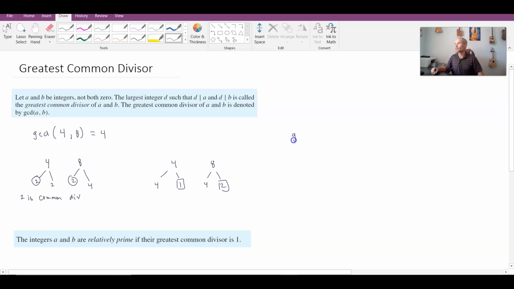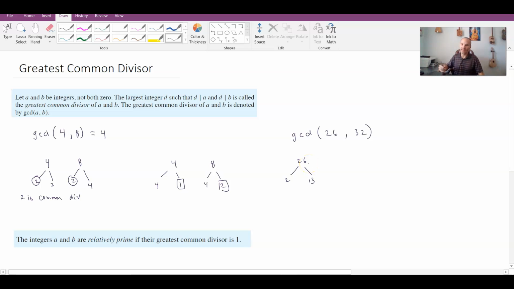Now we can also look at larger numbers, the GCD between, say, 26 and 32. Okay, so I can think about some of the factors of 26 and 32. 26 has factors of course, 26 in itself. 32 has factors of 32 in itself. But I could actually divide 26 by 2, and that leaves me with 13. Now 13 is a prime number.